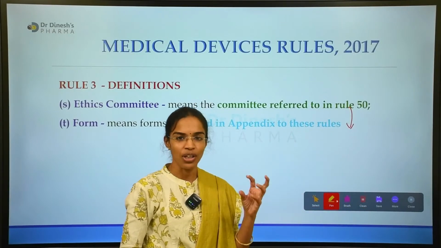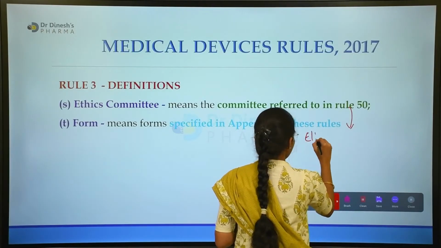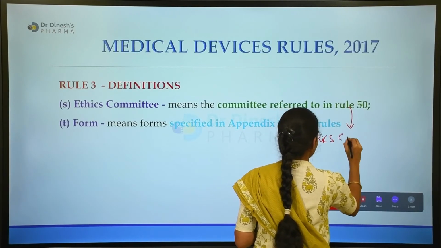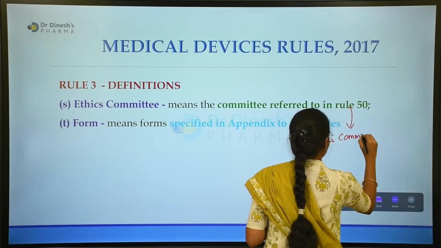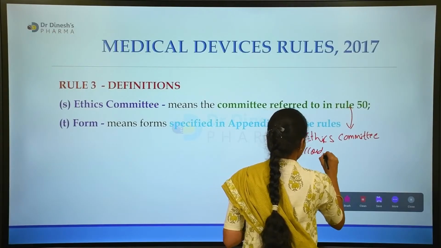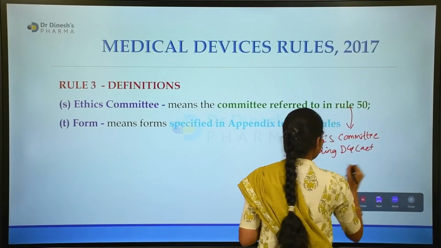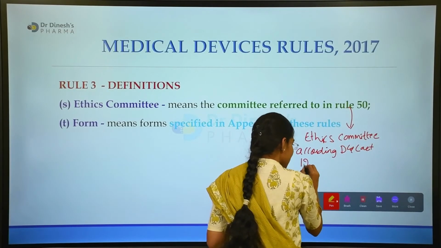The ethics committee according to rule 50 is nothing but the ethics committee according to the D&C Act. Which rule of the D&C Act? This is very important.